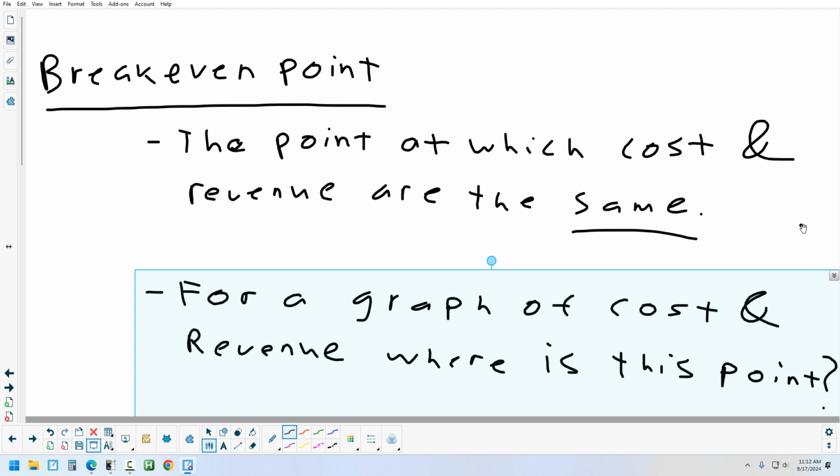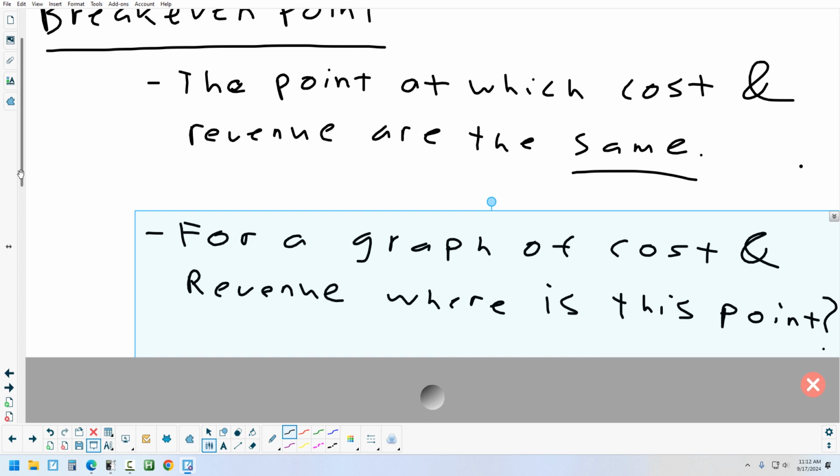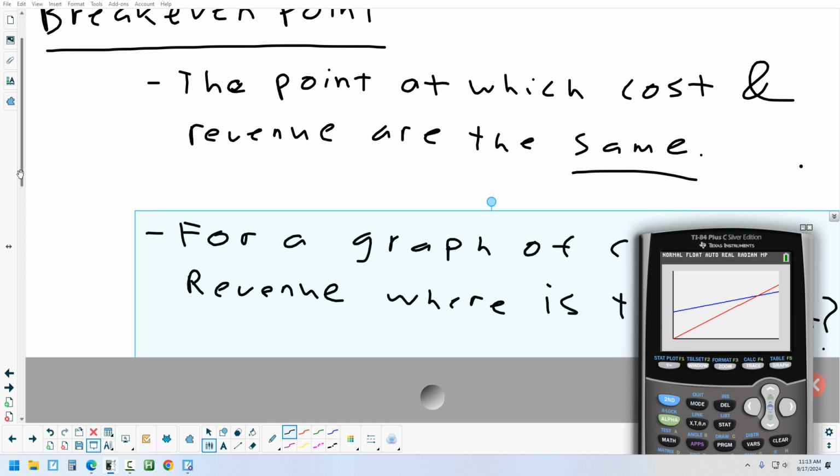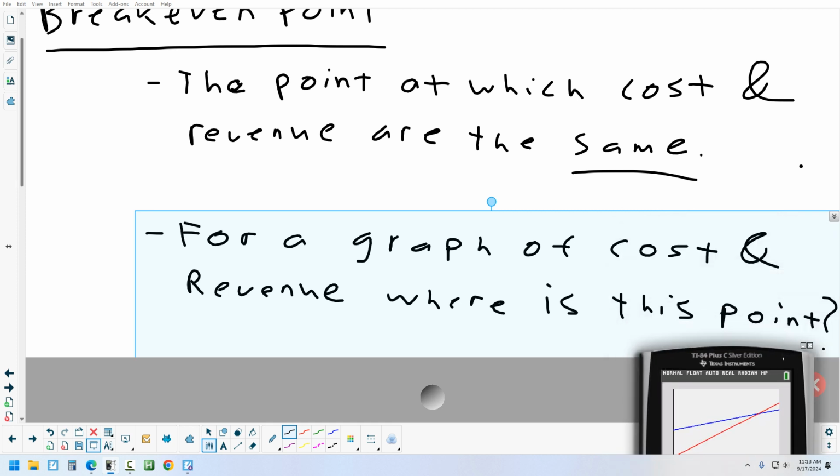So we're going to use our graph, figure out the intersection point, and then we'll figure out the break-even point by calculating the intercept. So we'll do it as a graph, and then we'll do it algebraically. But let's do the graph first.